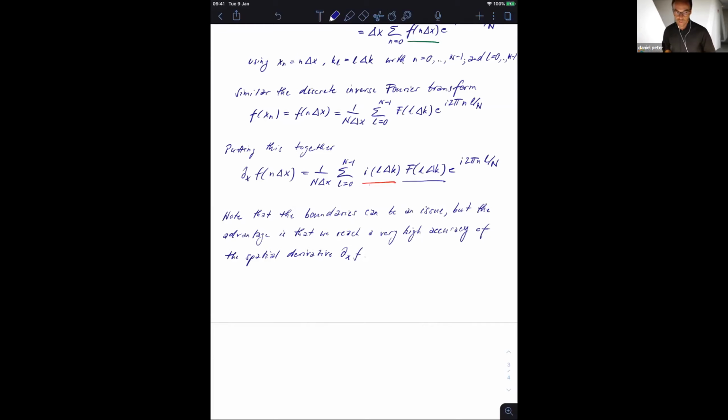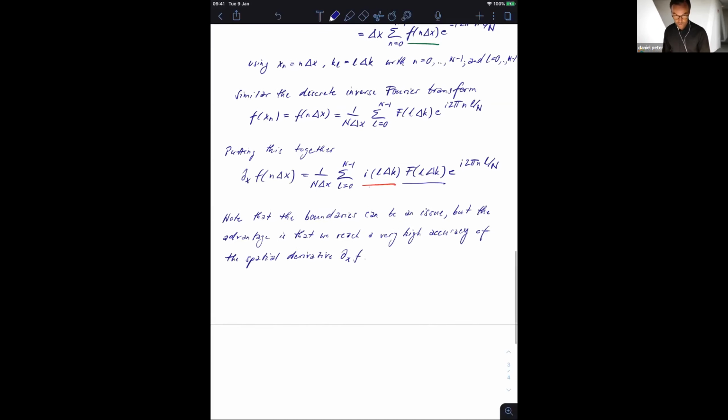You have that the wave number increment is equal to this factor 2 pi over n times delta x. So it's the size of the domain and the spacing delta x, which determines what the wave number increments can be.